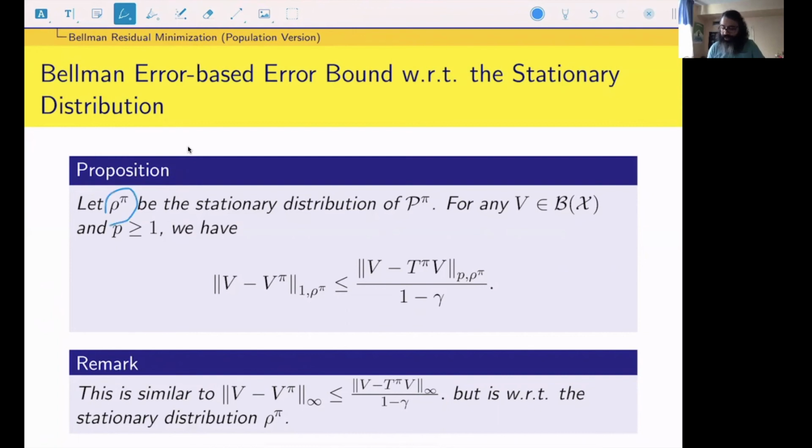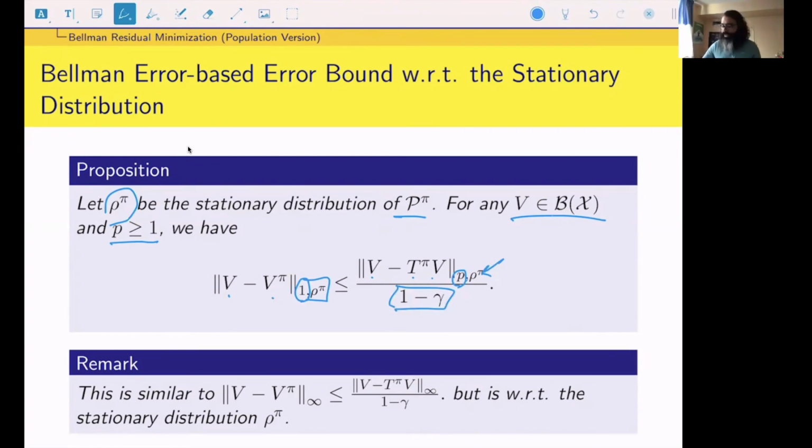If rho pi is the stationary distribution of P pi, then for any value function V and any p, the L1 norm of the difference between V and V pi, measured according to rho pi, is upper bounded by the norm of the Bellman residual V minus T pi V, any p norm, again weighted according to rho pi, divided by 1 minus gamma.